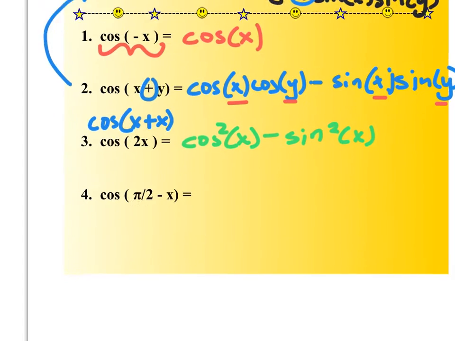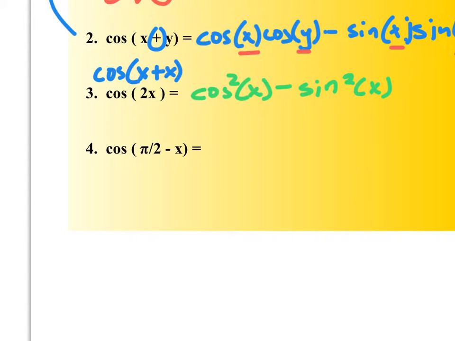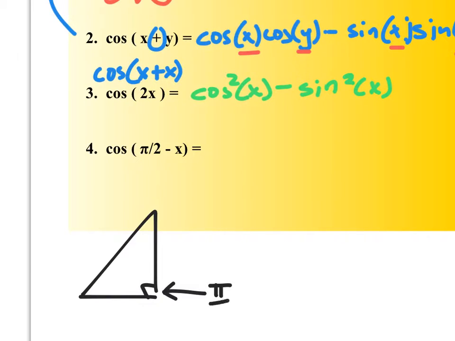Okay, and this last one, cosine of pi over 2 minus x. I want to illustrate this one using a right triangle. This is a 90-degree angle, which is pi over 2. Let's say this angle here is x, and we've got sides A, B, and C. So this angle right here would be pi over 2 minus x.